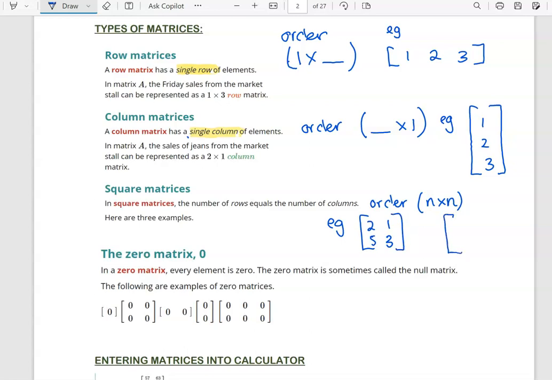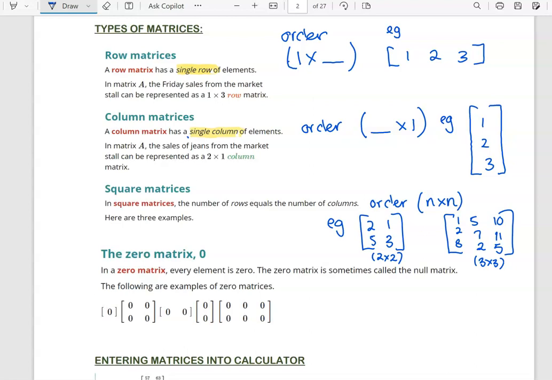Or I could do this one, that's a 3 by 3. So those are square matrices. And for a zero matrix, we just need to know every element is 0. That's pretty easy, and it can be any order.